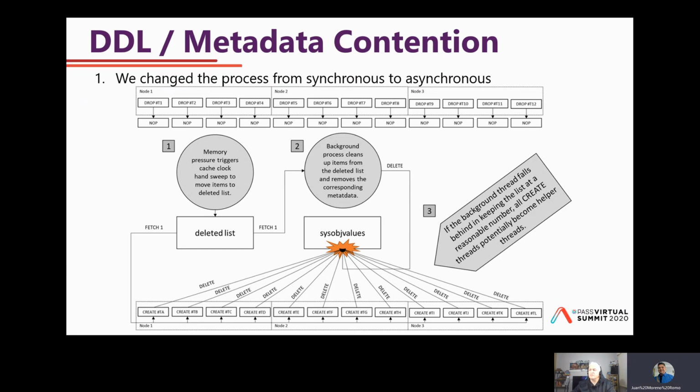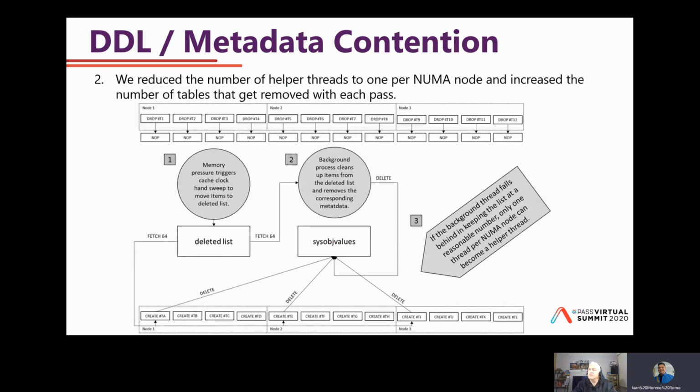So the latches last a lot less than previously. The other improvement is that we have changed the number of threads to 1 per NUMA node, and we have increased the number of tables that we remove with each pass. So now we can remove more tables, with just 1 thread per NUMA node.